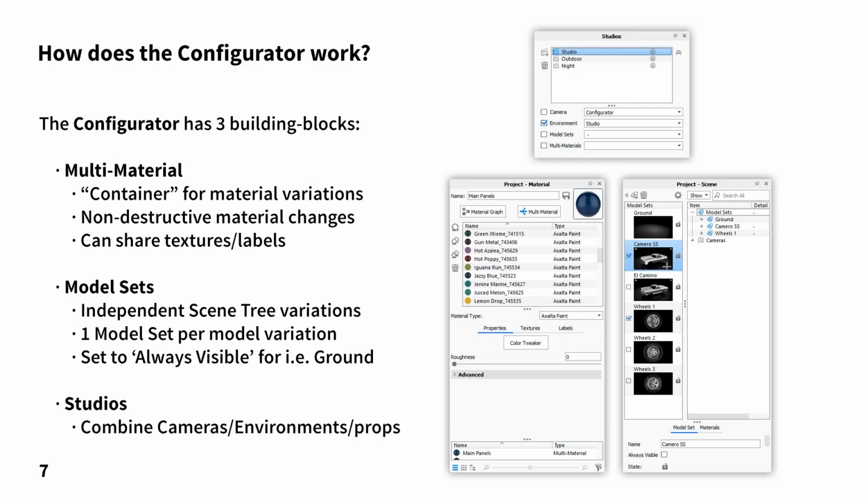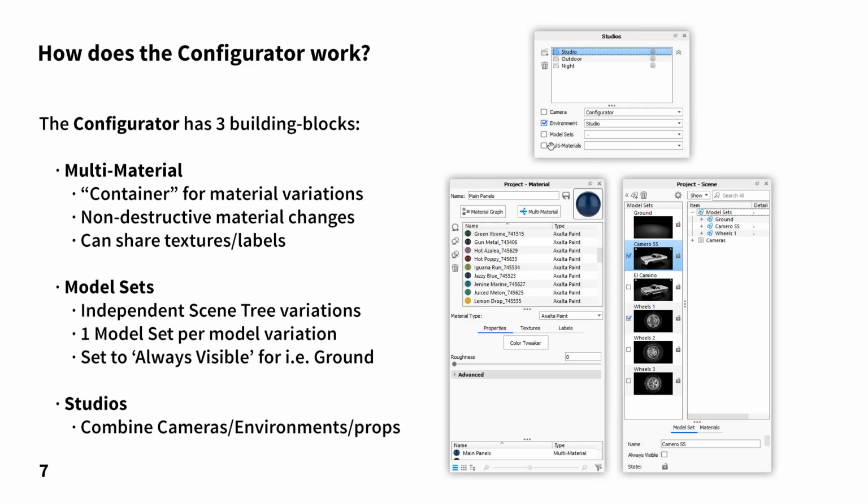And then finally, the last element is the studios. So this is another new feature for KeyShot 7, which allows you to combine cameras, environments, model sets, and multi-materials. Now in the case of the configurator, it's most relevant to be using environments, which you can see here, and possibly also including cameras in there as well.